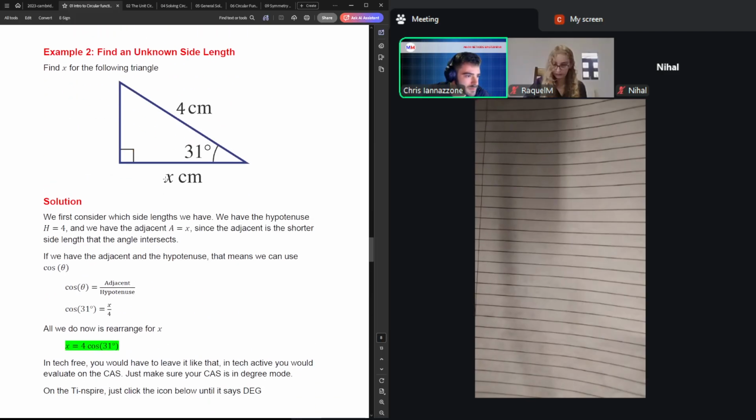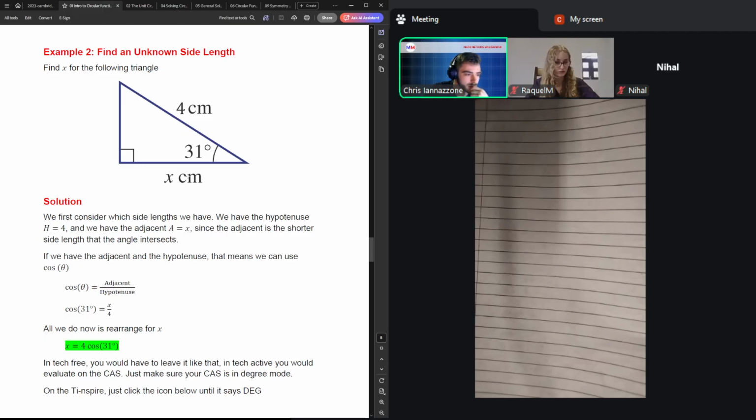You can repurpose this for finding unknowns in a triangle as well. So in this case, we have the hypotenuse and we have the adjacent, as well as an angle. Now, we technically don't have the adjacent, it's an x, but our goal is to figure it out. So fundamentally, you just want to label what things you have. You have theta, an angle, you have a hypotenuse, and you want the adjacent.